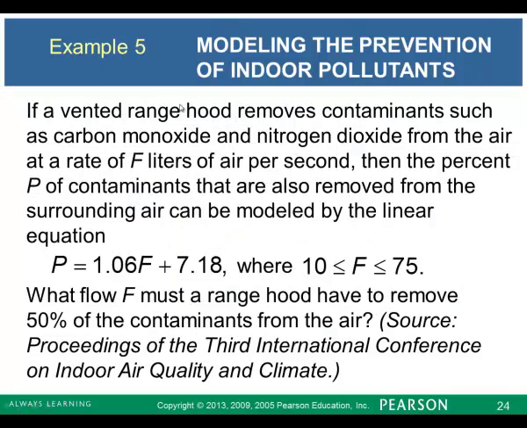If a vented range hood removes contaminants such as carbon monoxide and nitrogen dioxide from the air at a rate of F liters of air per second, then the percent P of contaminants that are also removed from the surrounding air can be modeled by the linear equation P equals 1.06F plus 7.18, where we want F to be between 10 and 75 liters.